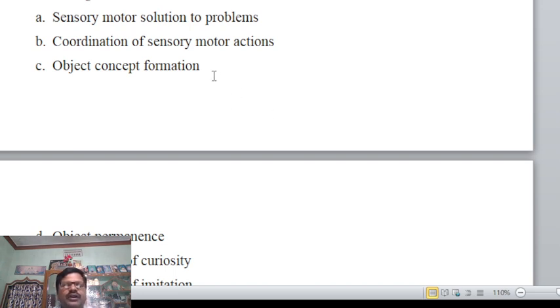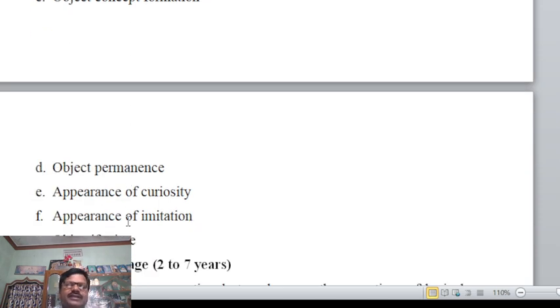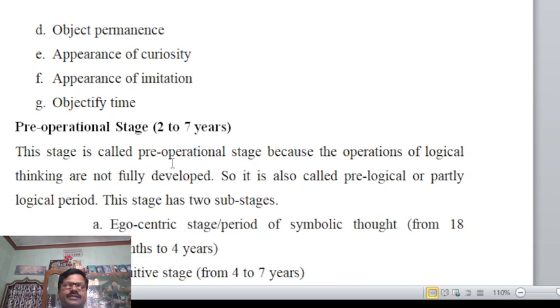You can say cognitive development during this stage. And another most important is object permanence. This is a very important question for you. Object concept formation and object permanence are the two important behaviors for cognitive development during the sensory motor stage.